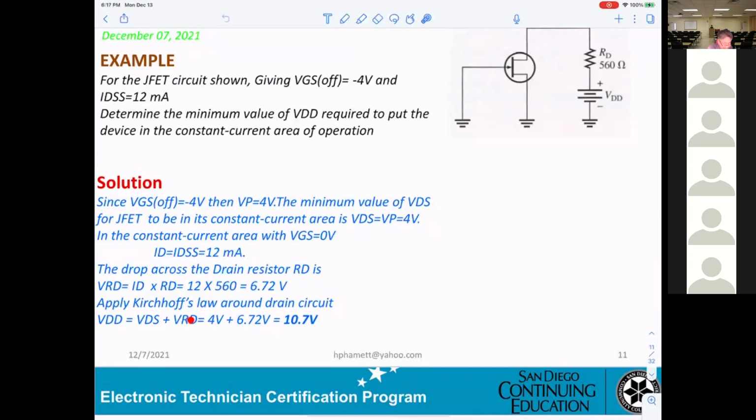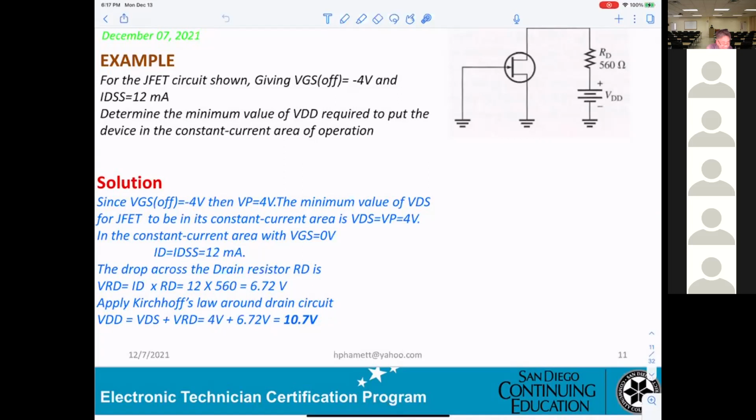Apply Kirchhoff's law around the drain circuitry. So VDD equals VDS plus VRD: 4 volt plus 6.72 volt, and you get 10.7 volt.